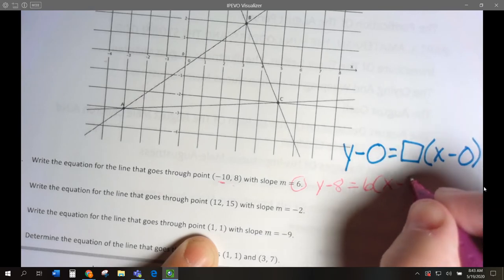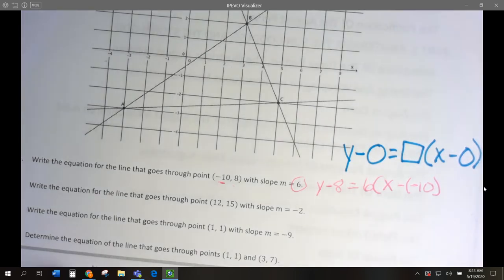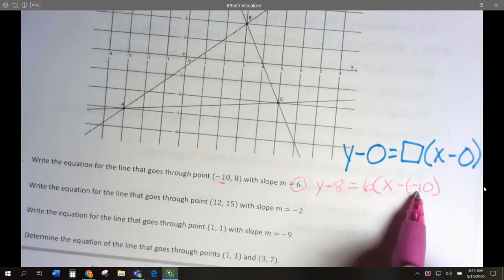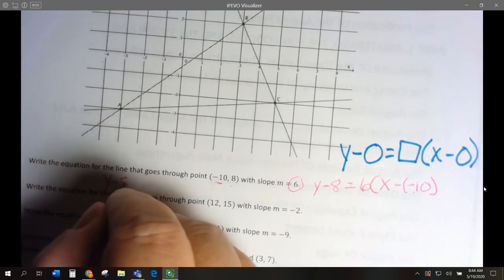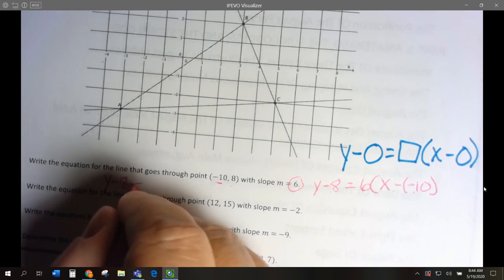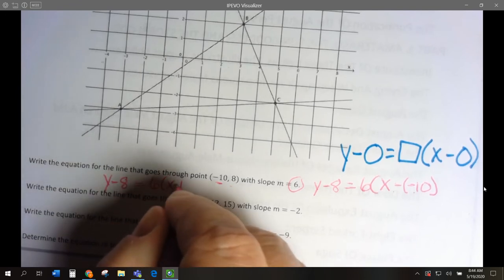X minus a negative 10. X minus a negative 10 is the same as x plus 10. So I'm going to put y minus 8 equals 6 times x plus 10.